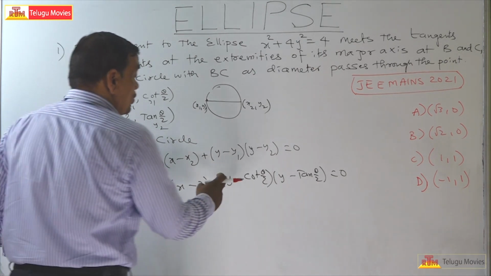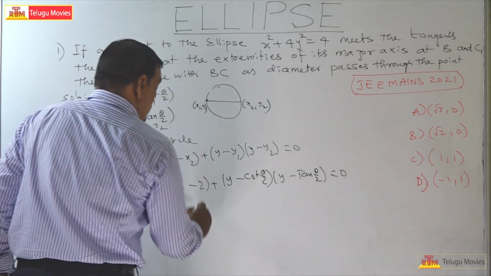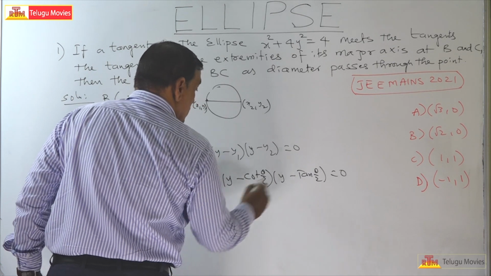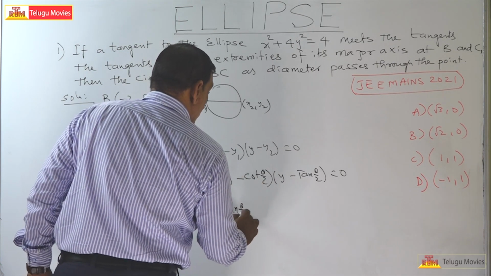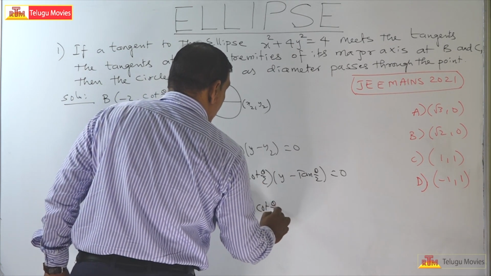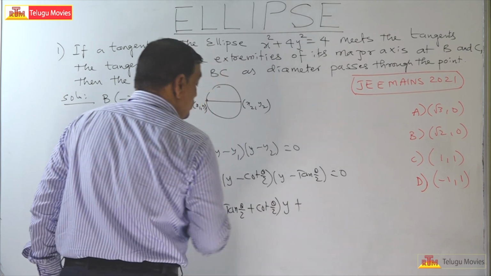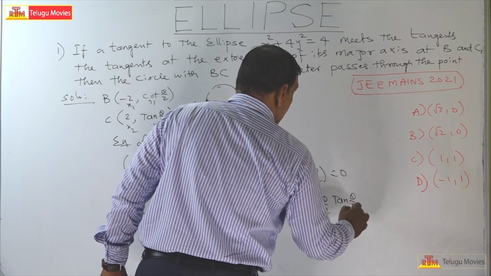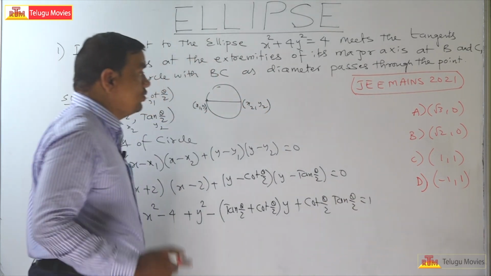Multiply this: y into y is y square, minus (tan theta by 2 plus cot theta by 2) into y, and minus into minus gives plus cot theta by 2 into tan theta by 2. Of course its value is equal to 1.